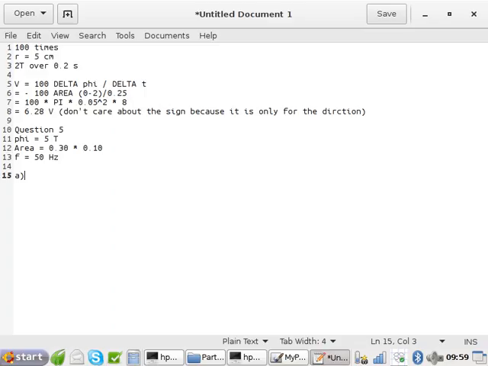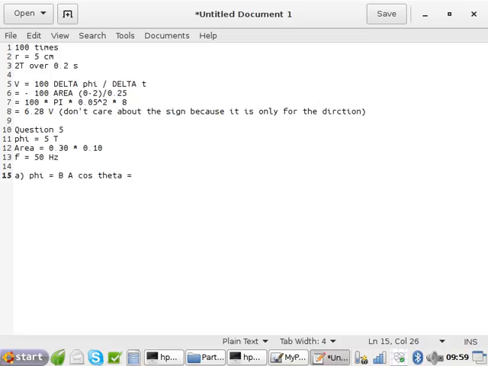Okay, so at the very beginning I want to know what the flux is when it's vertical. So the formula, phi equals BA cos theta. You remember this formula?